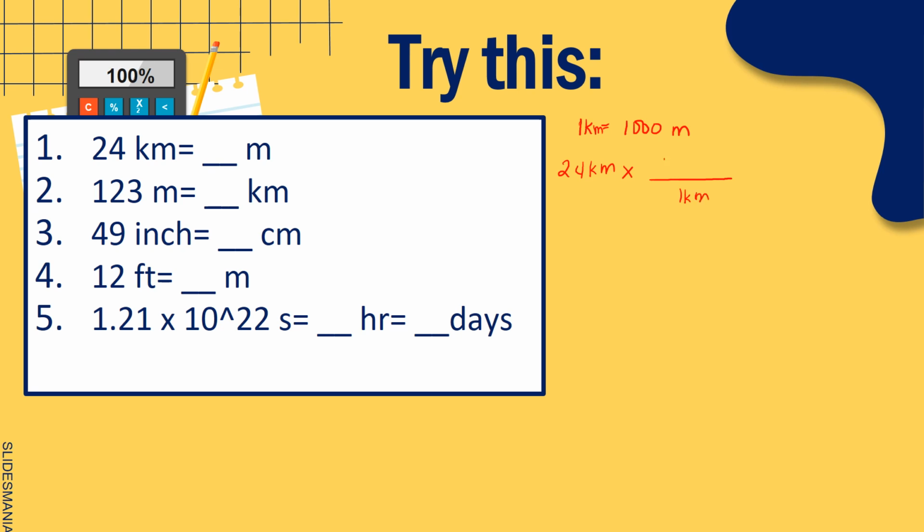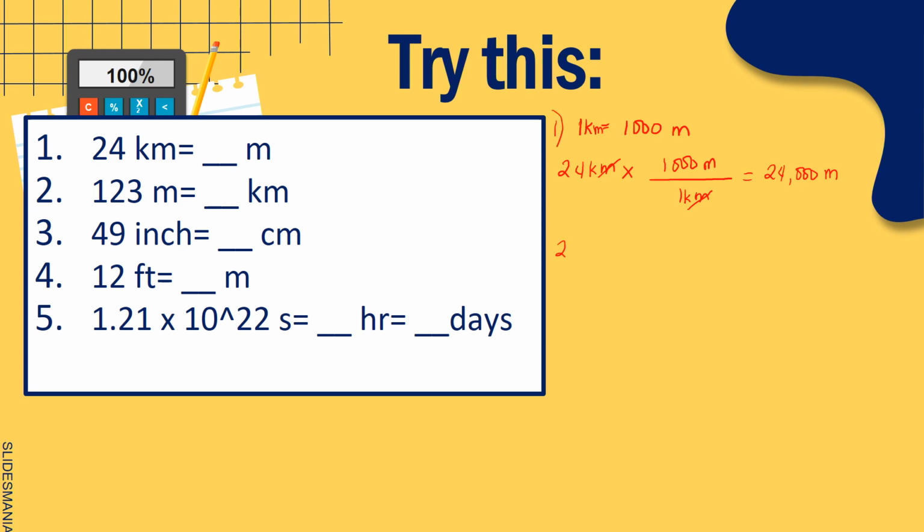So cancel kilometer to kilometer. Therefore, we have 24,000 meters. So 24 kilometers is equal to 24,000 meters. That is for example number 1.